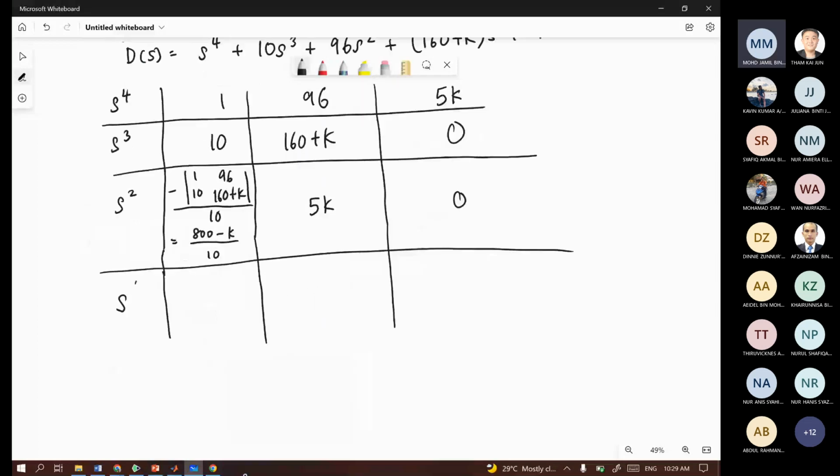Then S1, again determinant. So you get K squared minus 140K.